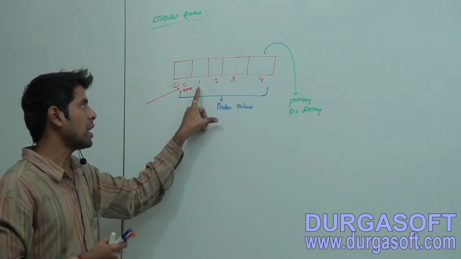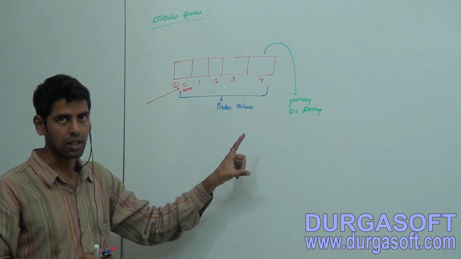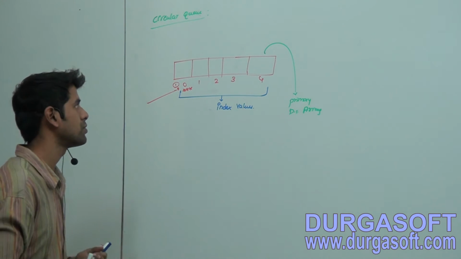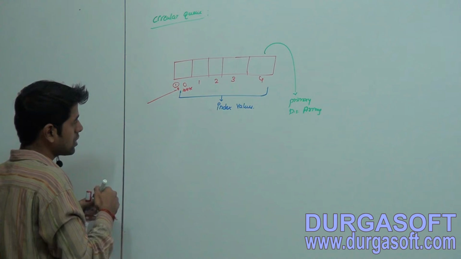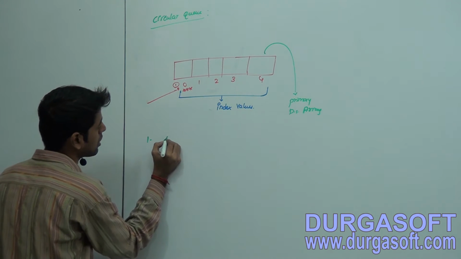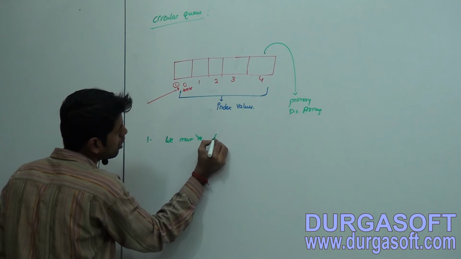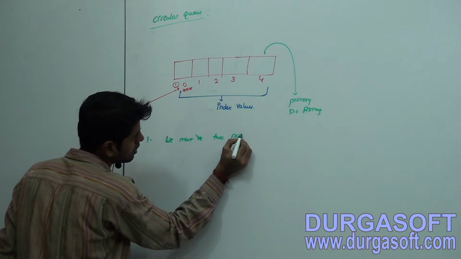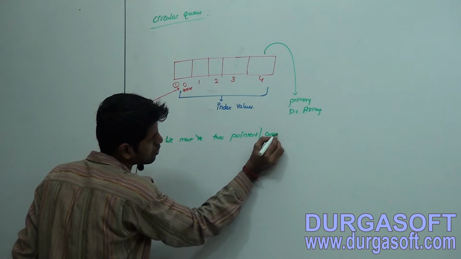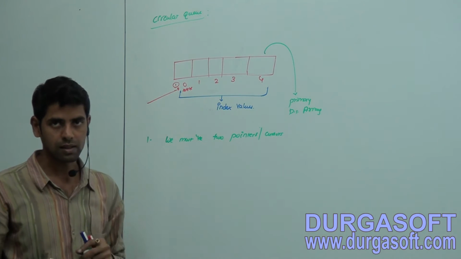Indexes are very important if you are writing any code using array. The first rule of circular queue is: we must have 2 pointers, otherwise cursors.